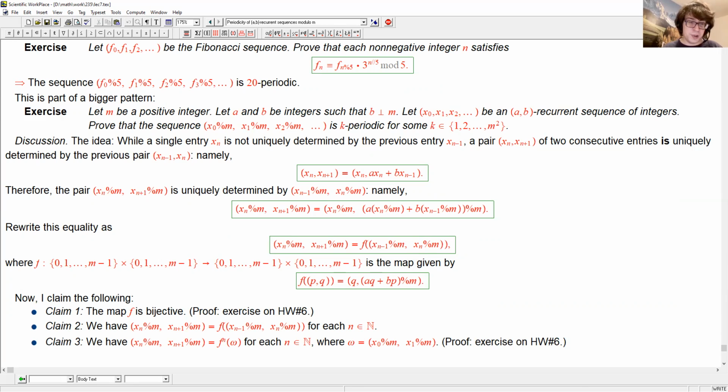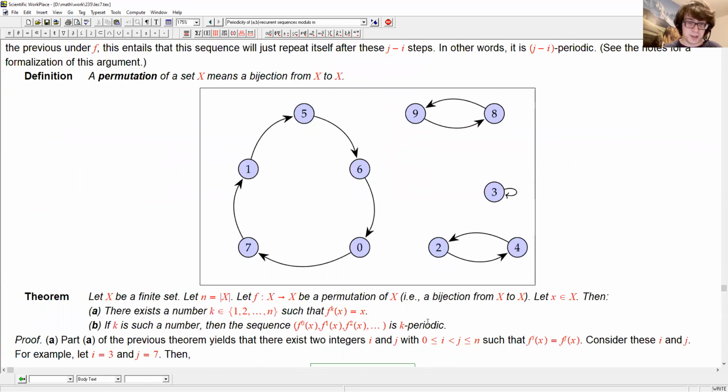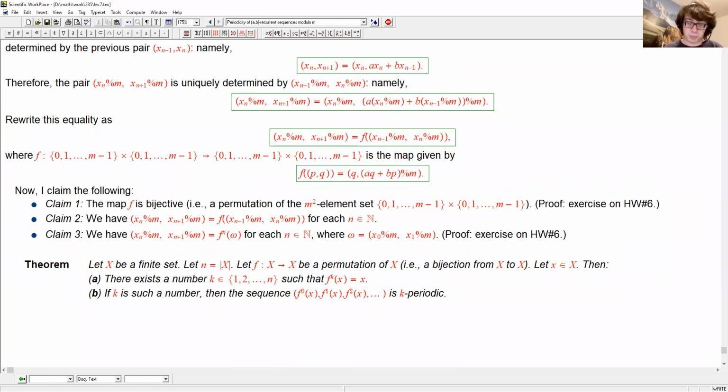So what do we get? Now we have a bijective map f, so it is a permutation of the set of all possible pairs. And how big is the set? It's an m squared element set. Now recall this previous theorem about permutations. I'm going to copy paste it here.